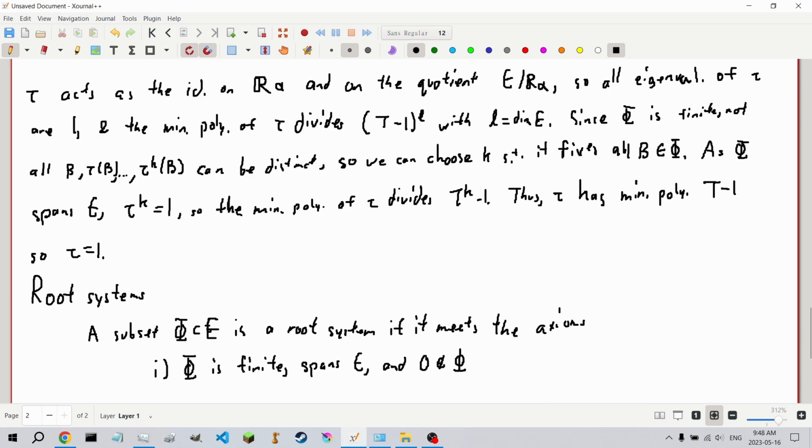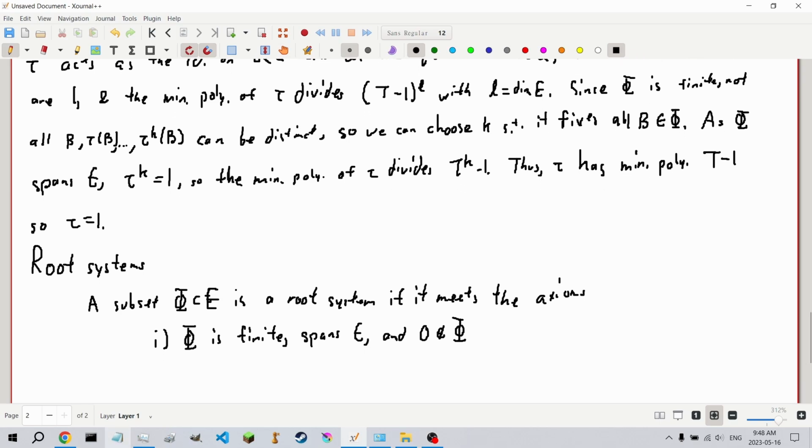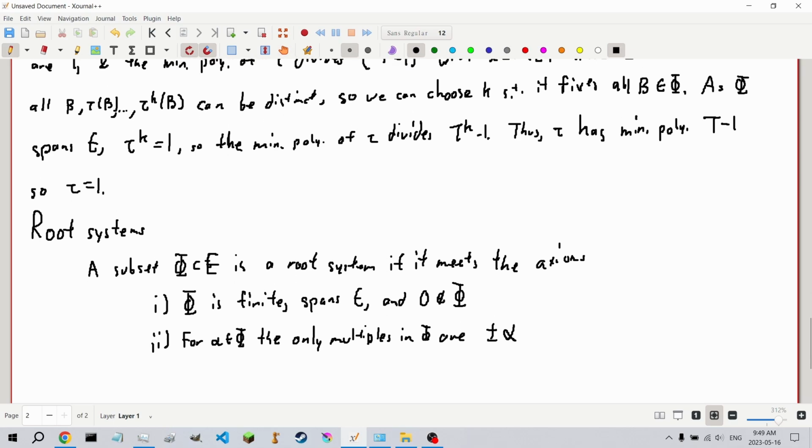Kind of seems like they're cramming three things into one axiom there, but sure. Two, for alpha in phi, the only multiples of this alpha in phi are positive and negative alpha. This should all be pretty predictable.